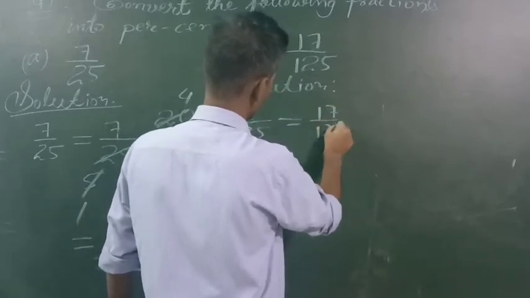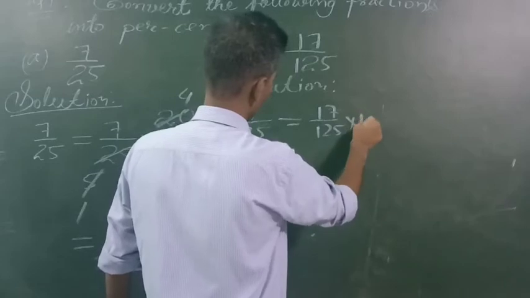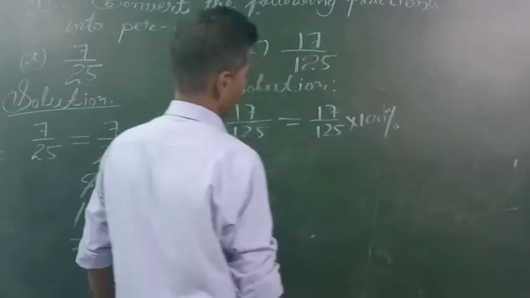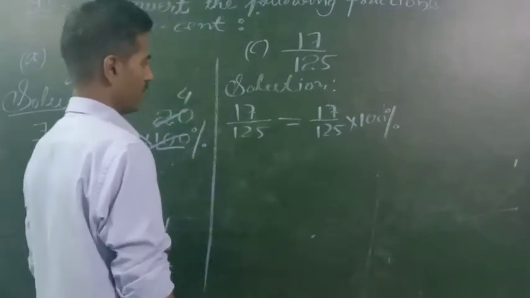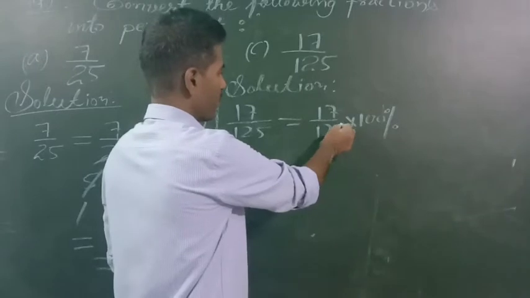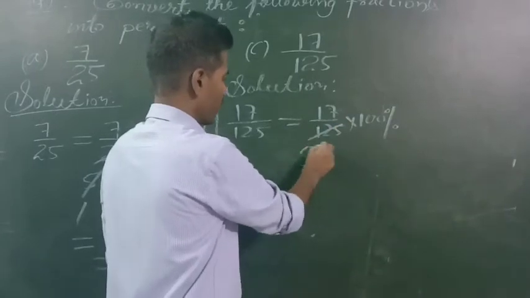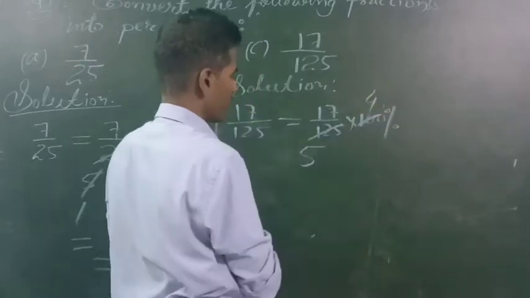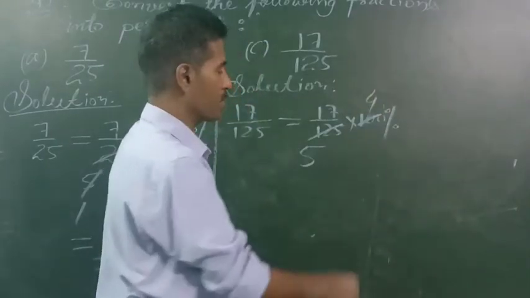So 17 by 125 into 100%. Now see, 25 times 5 is 125, 25 times 4 is 100. By what number have you divided? You've divided by 25.